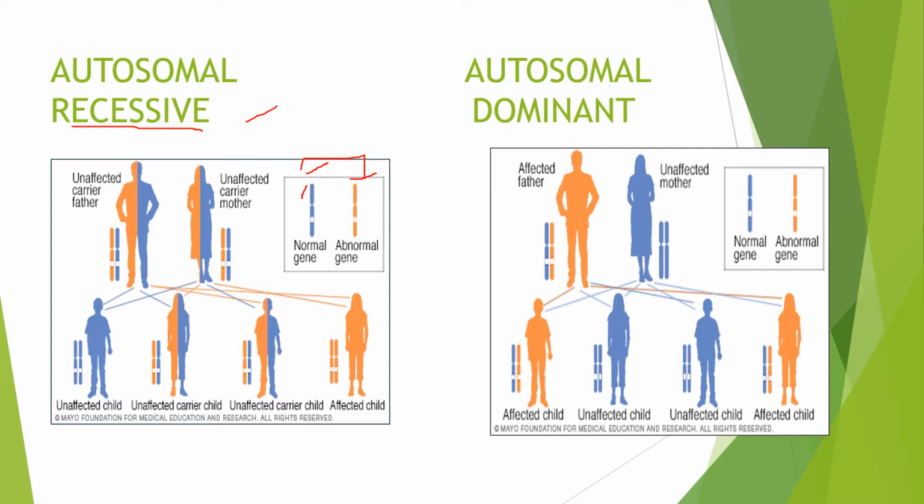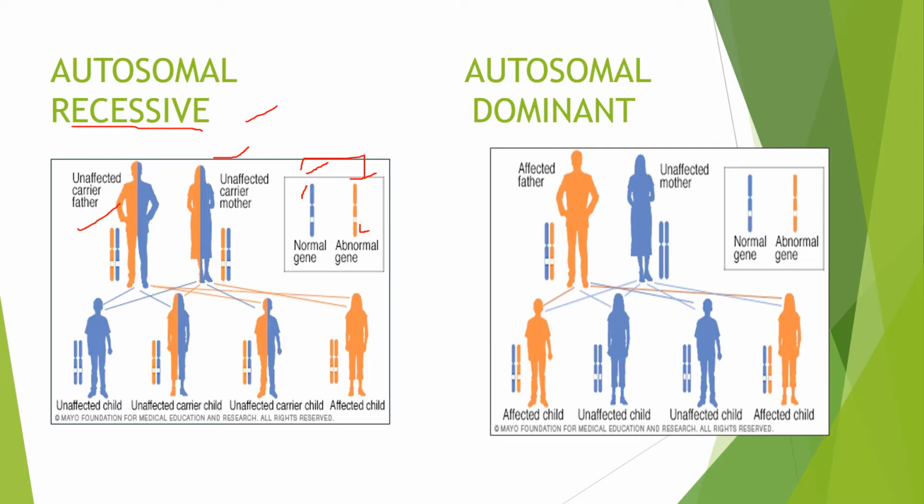Then only the disease will appear here. Suppose only one chromosome is carrying the abnormal gene, we call that individual a carrier of the disease. In this case, you can see he is a carrier but an unaffected person, and here also the mother is a carrier but she is unaffected.